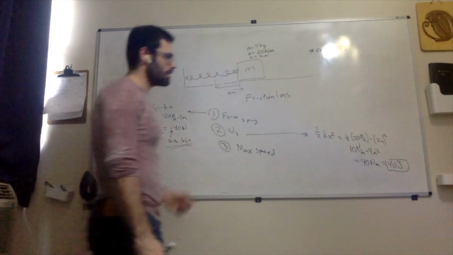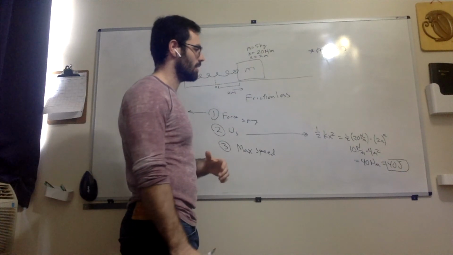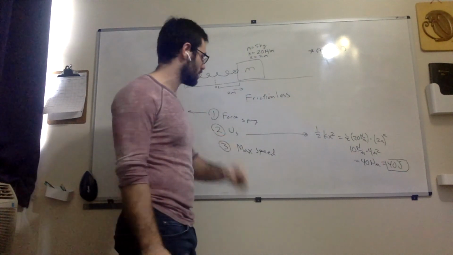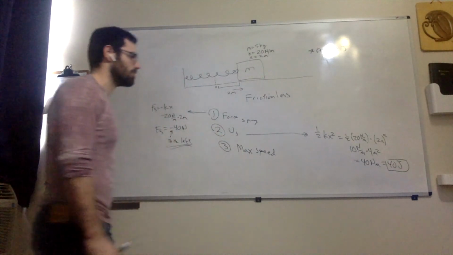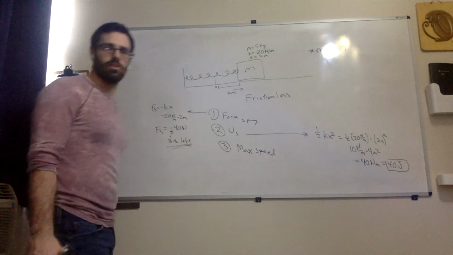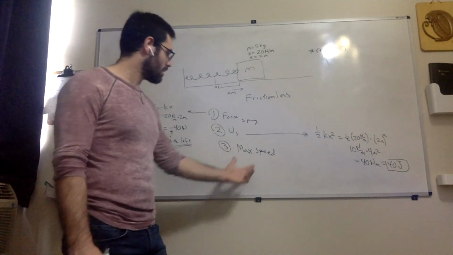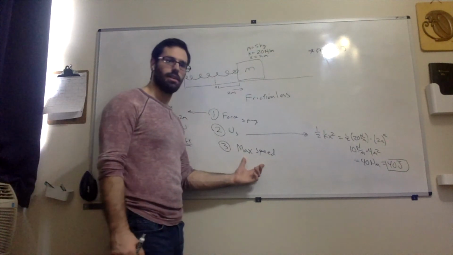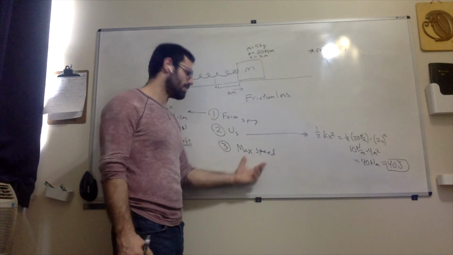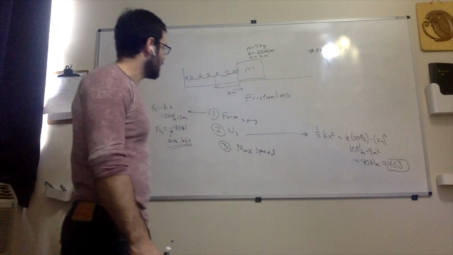Okay. Now, we've calculated our potential energy, so now we want to find our maximum speed. Well, just as with any conservation of energy problem, our maximum speed is going to be found by asking, what happens when our potential energy goes to 0?